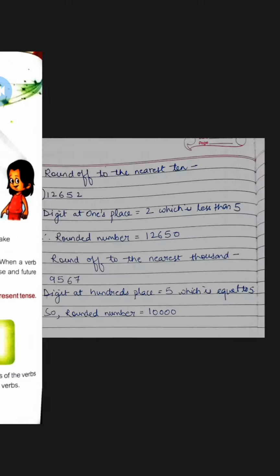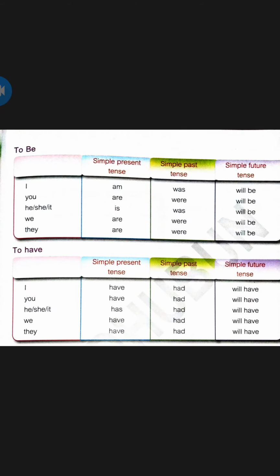Clear? So here we have of to be. First chart is of to be. Okay, to be is a verb. We will study what are its simple present tense, simple past tense, and simple future tense. For example, for I, in simple present tense we use am, in simple past tense we will use was, and in simple future tense we will use will be.